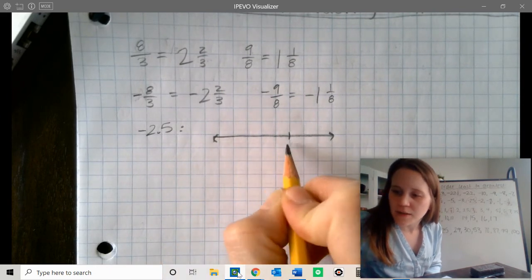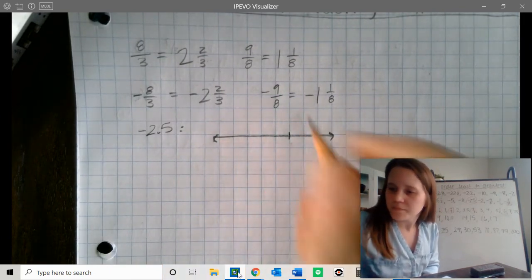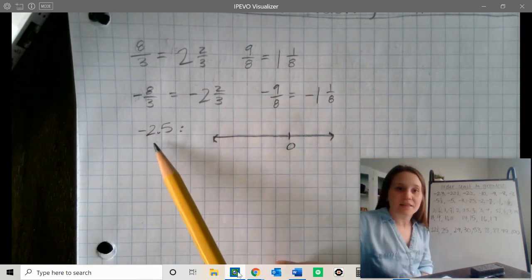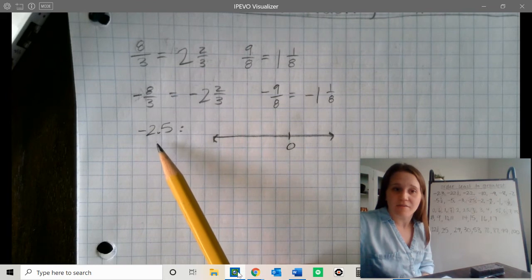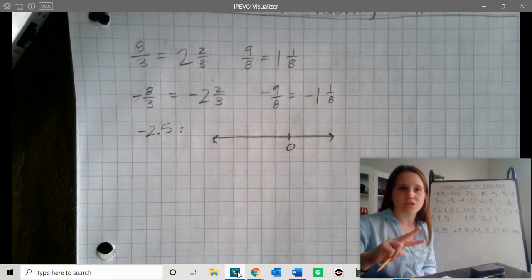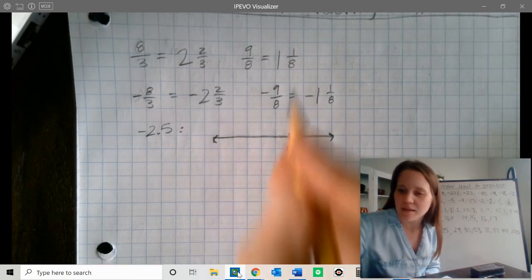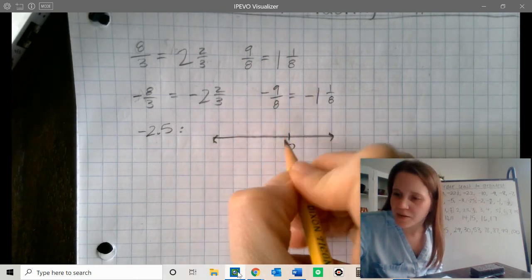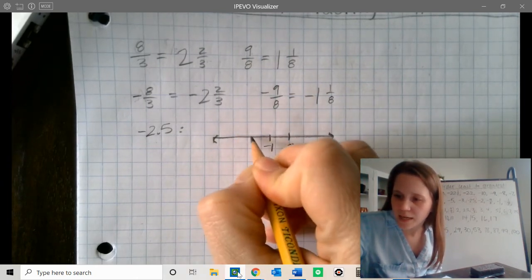Please put 0 on the number line. If I am thinking about the value of negative 2.5, I'm thinking, what 2 integers does it fall between? What 2 counting numbers, but negative, does it fall between? So I'm thinking negative 1, negative 2, negative 3. I'm going to go ahead and put those 3 numbers on the number line.